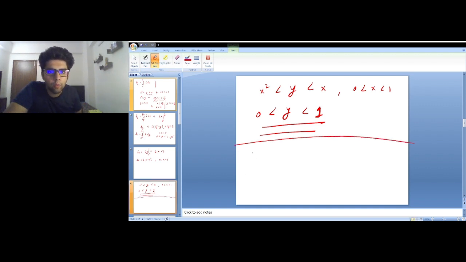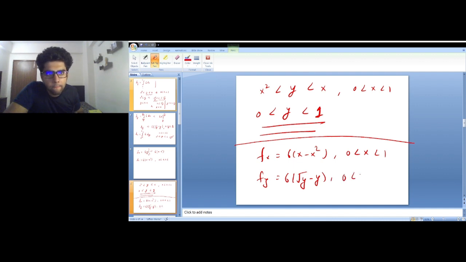So we have found out we have our f of x as 6x minus x square, where my x lies between 0 and 1, and I have my f of y as 6 root y minus y. And we also know that probability is always positive, right? And we also know that root y will be greater than y when y lies between 0 and 1.